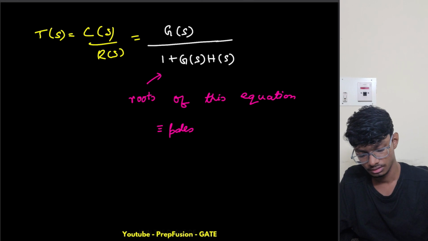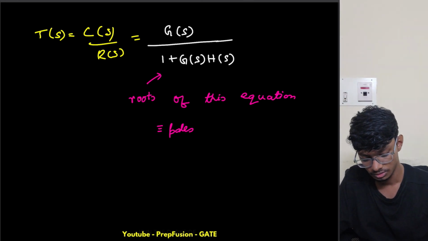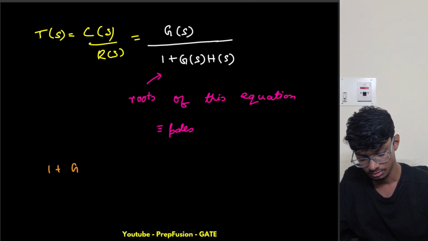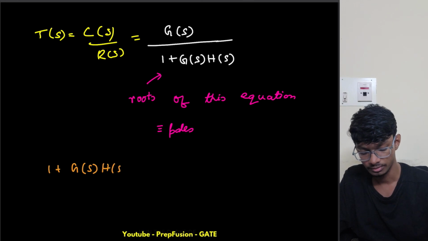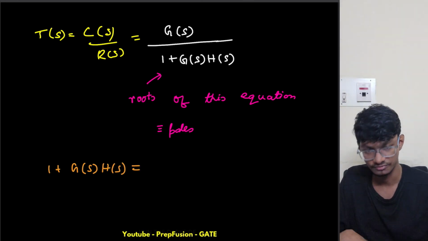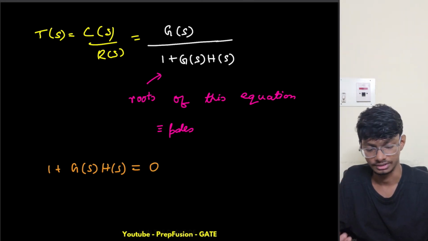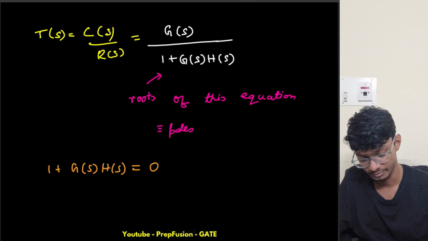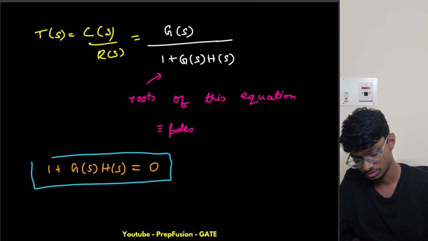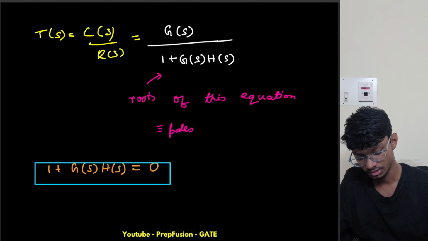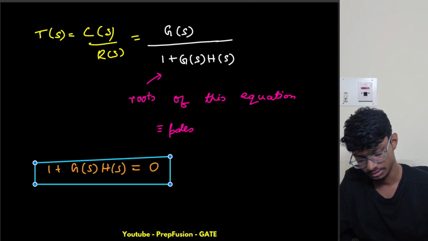This is a function of S, so I will find the location of poles by equating this equal to 0. So this is some equation, and this equation is a very famous one. It also has a name. The name is characteristic equation.